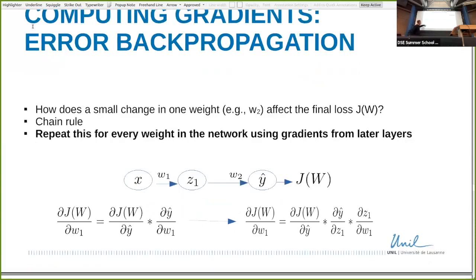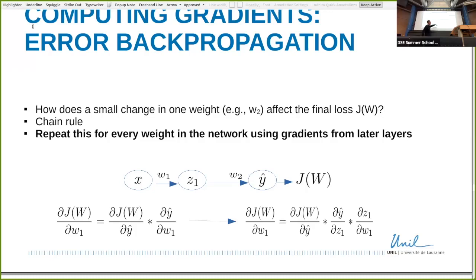If you were interested in how sensitive the loss is to a small change with respect to W1, you would apply the chain rule again, going from the back, through the derivative with respect to the layer 2 output, then the layer 1 output.